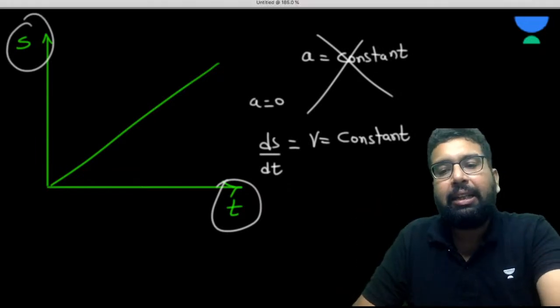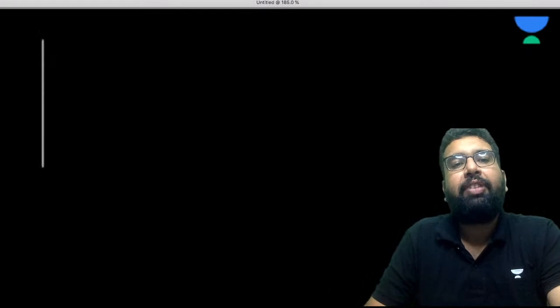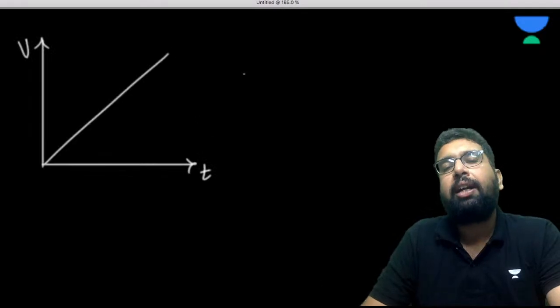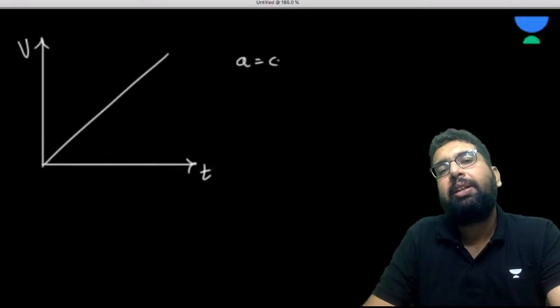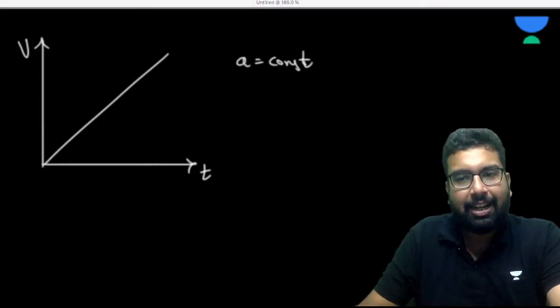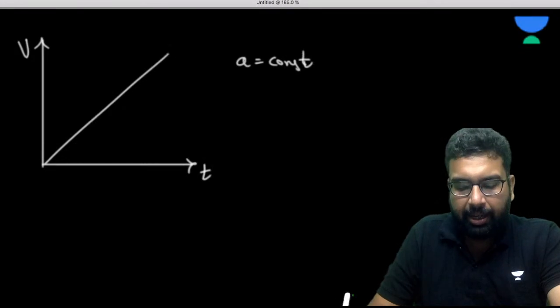Now similarly, if we have a velocity versus time curve, from here we can comment that the acceleration is constant because we know acceleration is the slope of the v versus t curve. So this is something very important, isn't it?